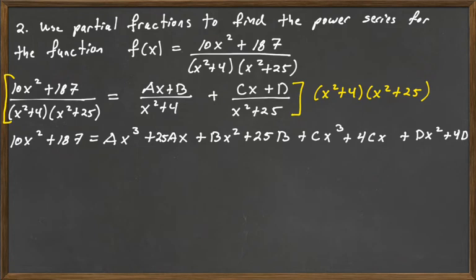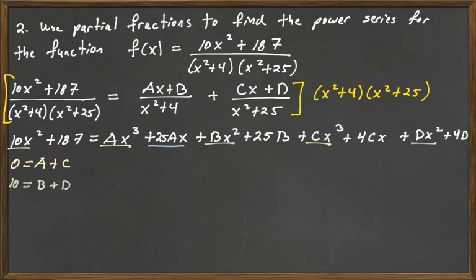Okay, now we're going to group up the coefficients on the like powers. So we have the a and the c with the x cubed. There's no x cubed on the other side, so it's a 0 coefficient on the left. So we have 0 is equal to a plus c. Now let's group the quadratics. So we got the 10, the b, and the d. So 10 is equal to b plus d.